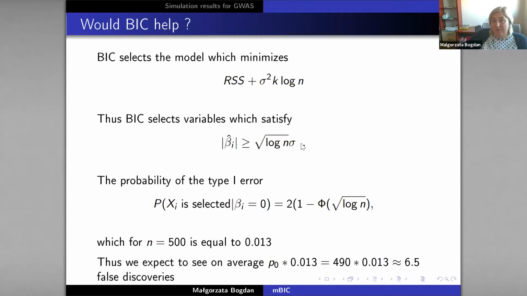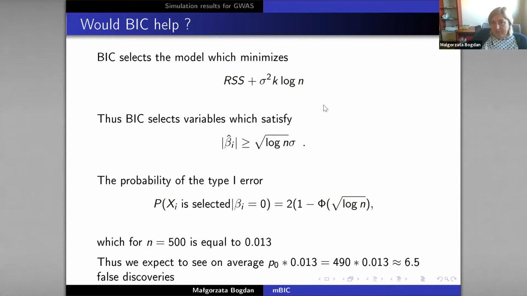But we have many of them. So we need to multiply. The number of false discoveries is equal to P0 times 0.13. And even in my situation when P is 500, even though this probability is very small for each single one, I'm still going to see on average 7 false discoveries. And when P0 increases, I'm still going to see more and more discoveries.